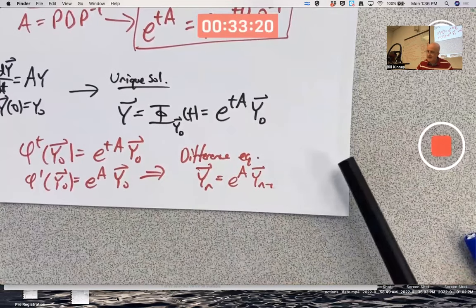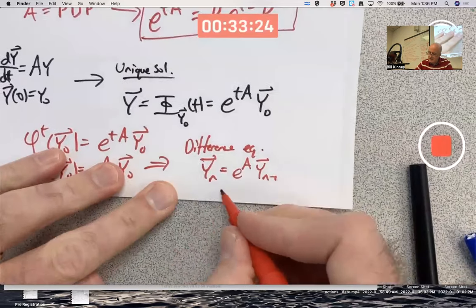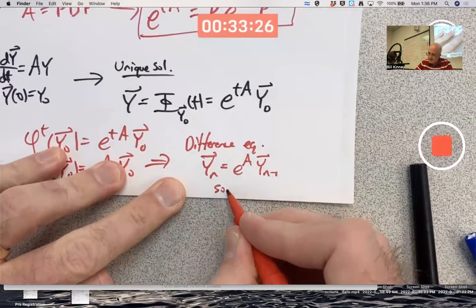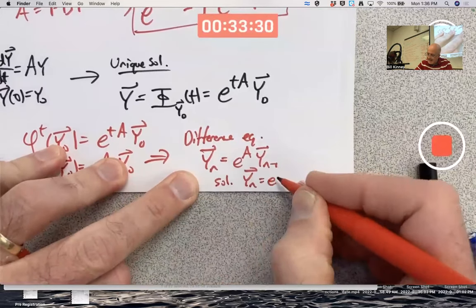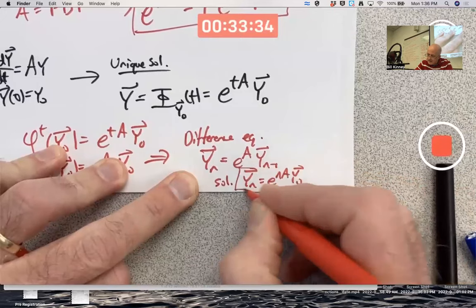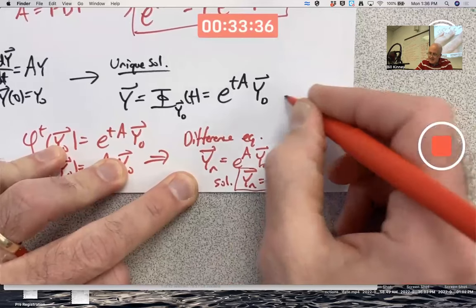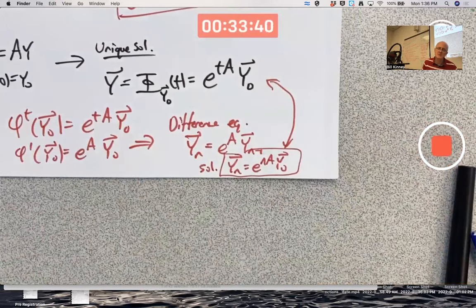That's the difference equation itself, whose solution is y_n equals e to the n times a times y0, which matches this when t is n. So there's a relationship between the differential equation and the difference equation.